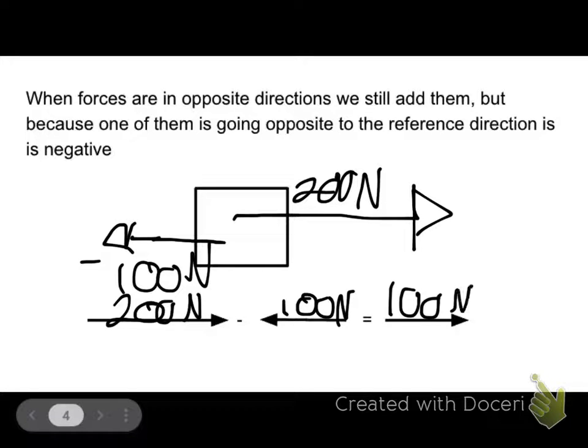So since there are 2 forces acting on this, it's as though there's just one force acting on it, causing it to go in the right direction. Okay, you guys saw this when you were playing tug of war, right? The object moved in the direction of the stronger force.